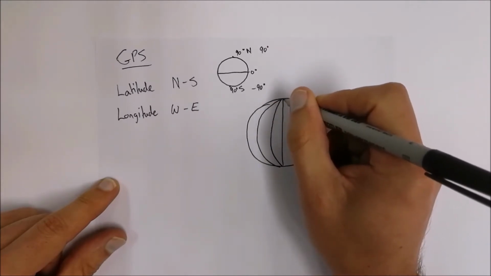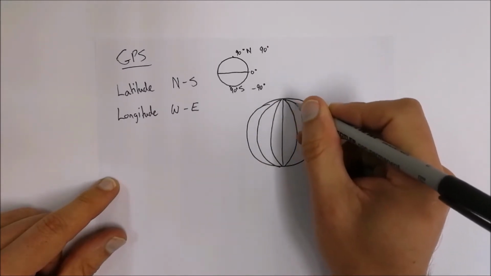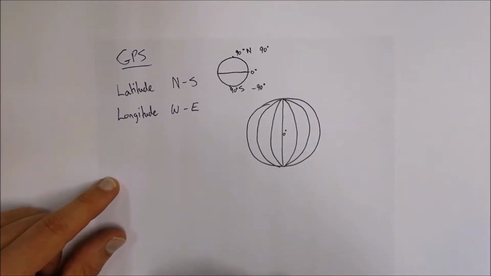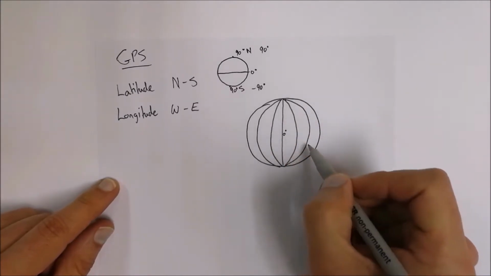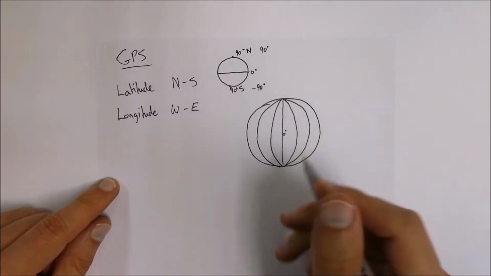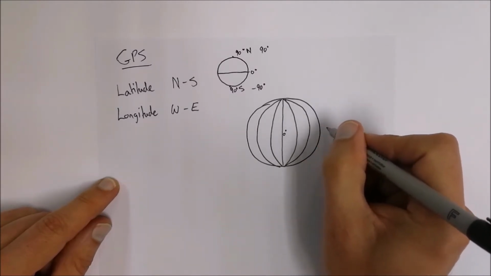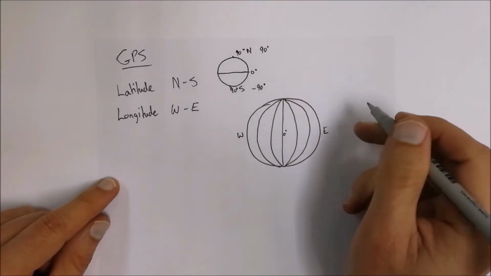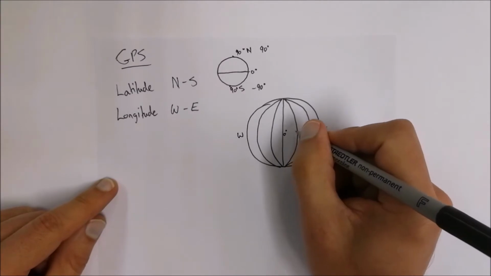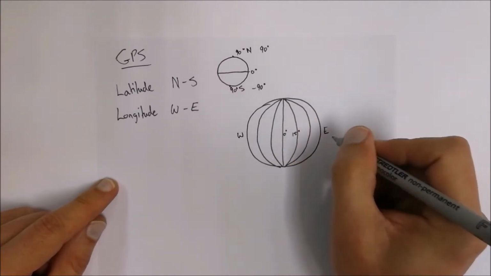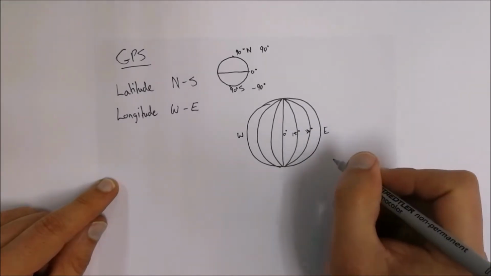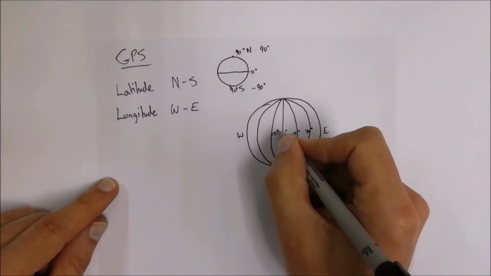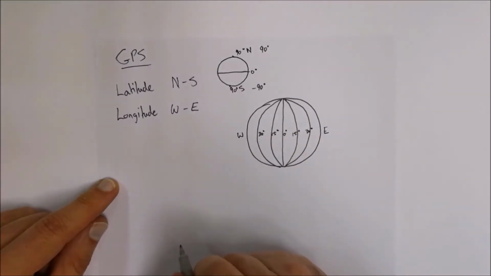So we've got 0 degrees at the center, which should be over here, and then usually these segments would go at maybe 15 degrees or so, either to the east, which would be this direction, or to the west. As you're going towards the east, these might be positive values, so it would be like 15 degrees to the east or 30 degrees to the east. At the same time, you could have 15 degrees to the west or 30 degrees to the west.